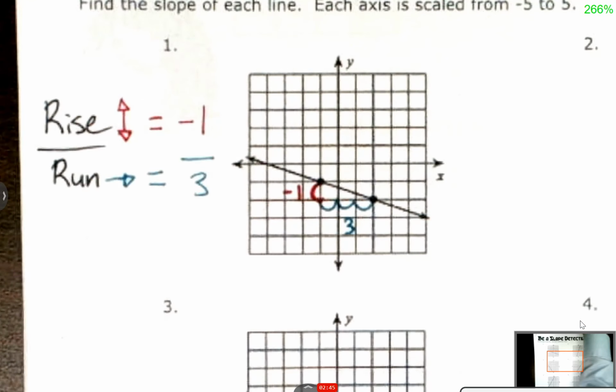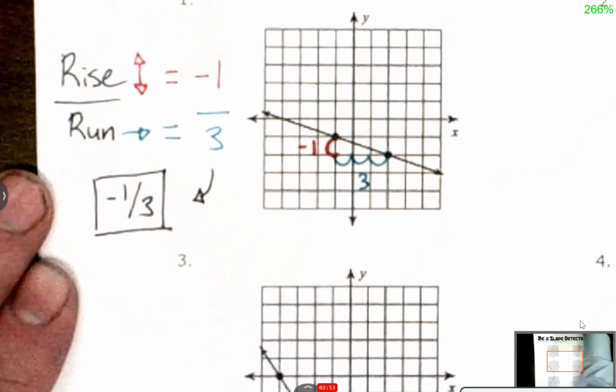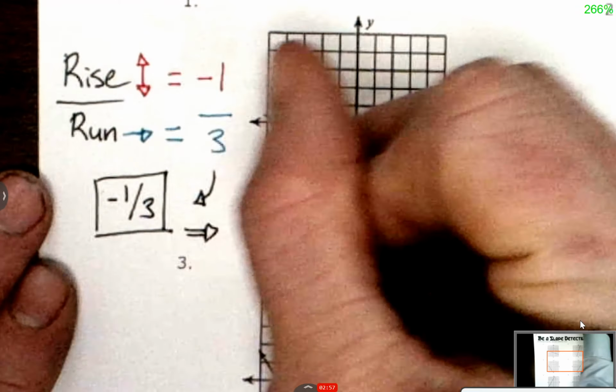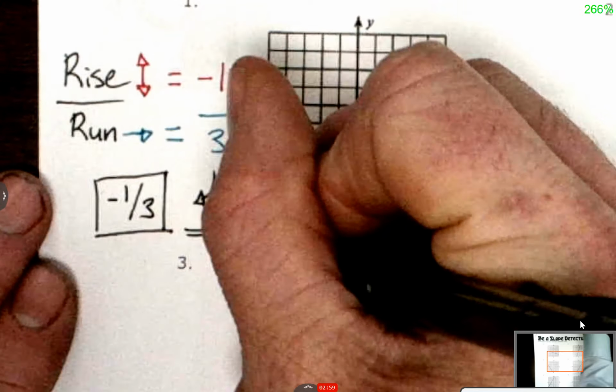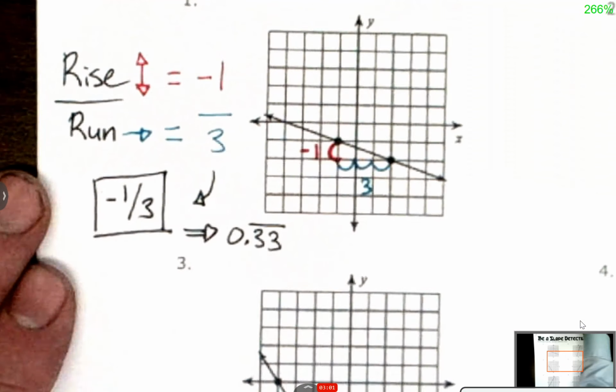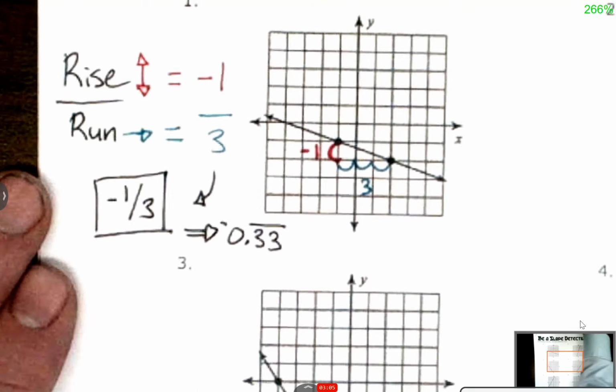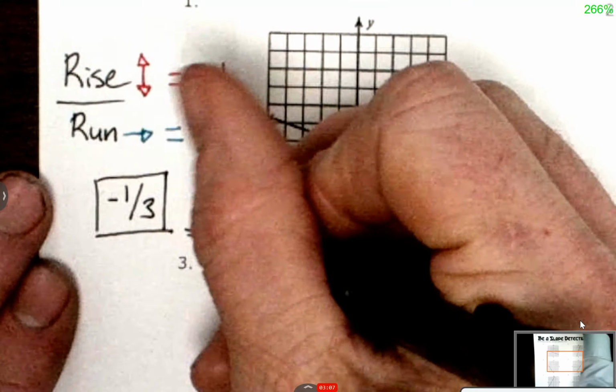So my rise over run is -1 divided by 3, and you can just leave it as a fraction. If you need to, put it into Desmos, and you can see what the fraction is as a decimal, -0.333 repeated.